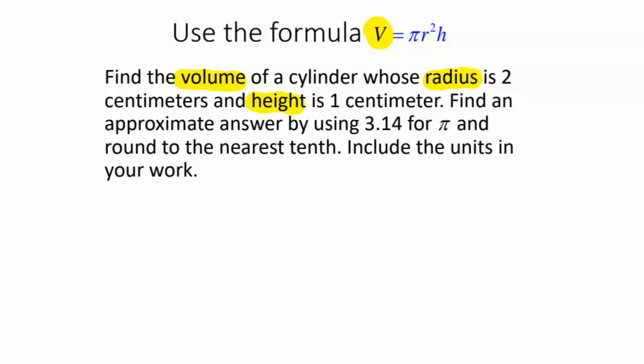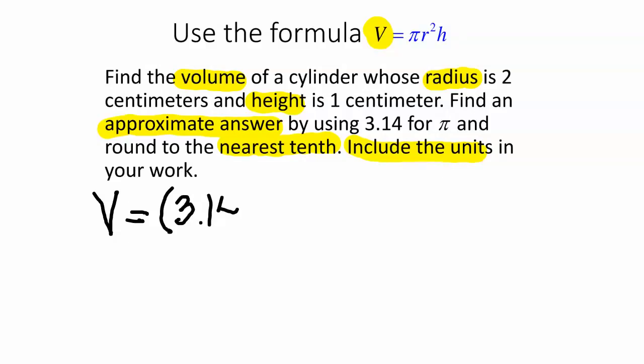Now find an approximate answer by using 3.14 for pi, but here's the catch. Round to the nearest tenth. And then we got to include the units. Okay, what does this mean? This means V equals, now the pi is 3.14.